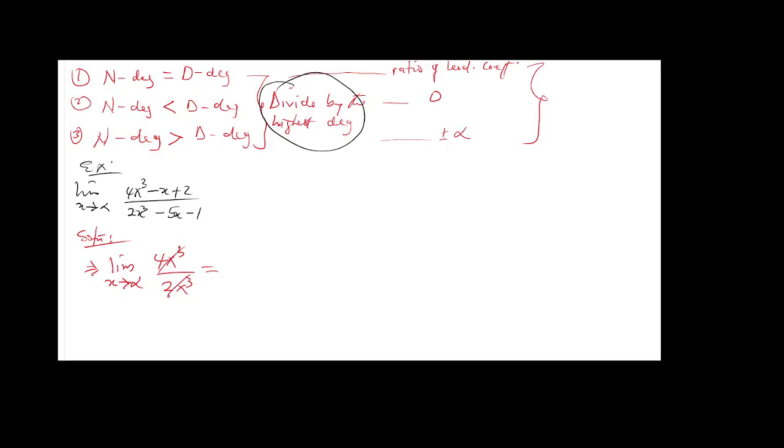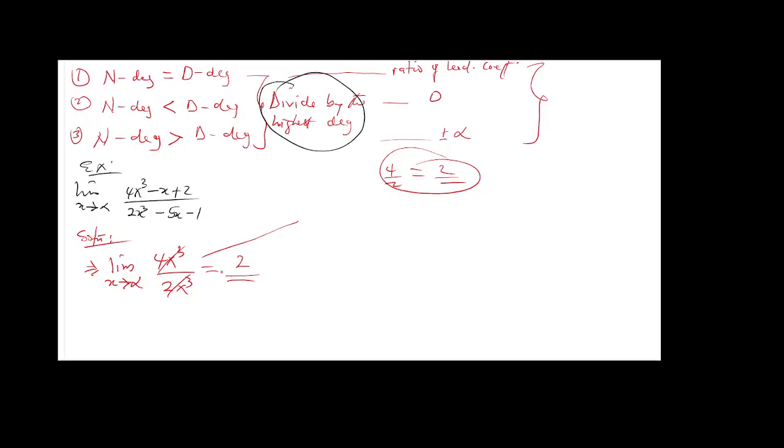This can cancel this out, so that we have 2 left. If we check the result which we have here, we will always have the ratio of the leading coefficients as our final answer, which is what we have here, because what we have here is 4 all over 2, which is equal to 2. So this is correct.